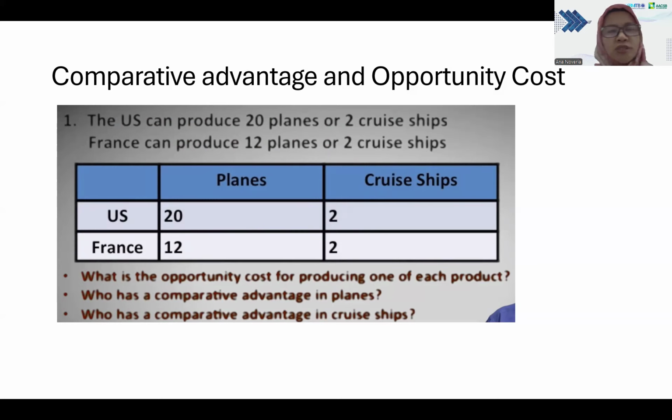In this case, the US can produce 20 planes or 2 cruise ships using all of their resources, and France can produce 12 planes or 2 cruise ships using all of their resources. Now, what is the opportunity cost of producing one of each product?